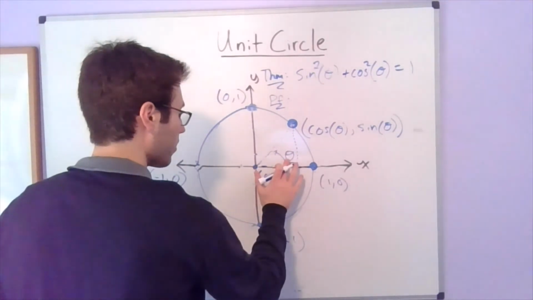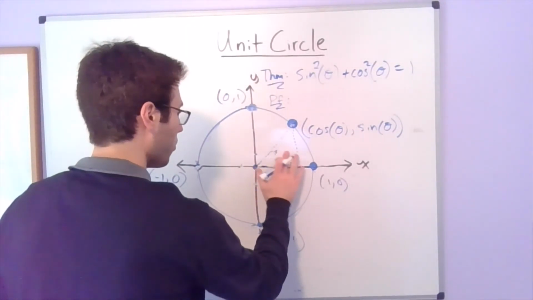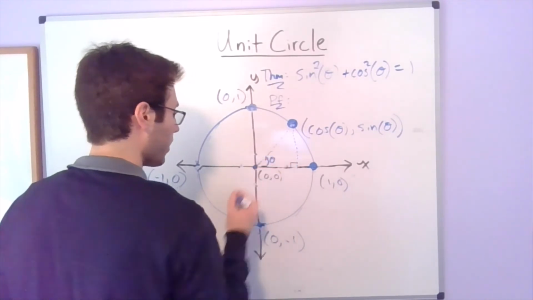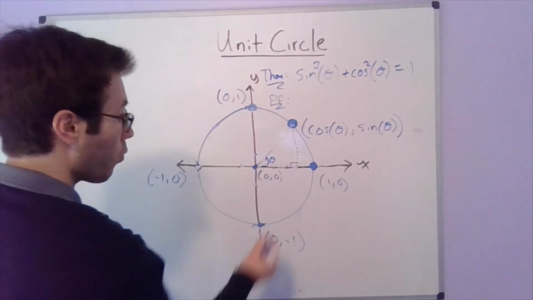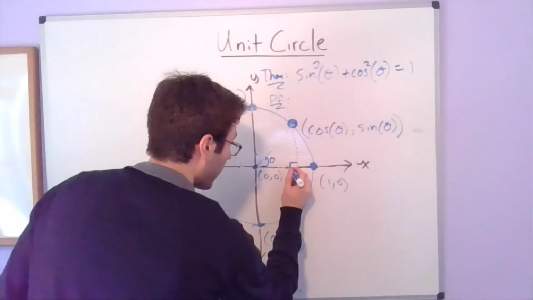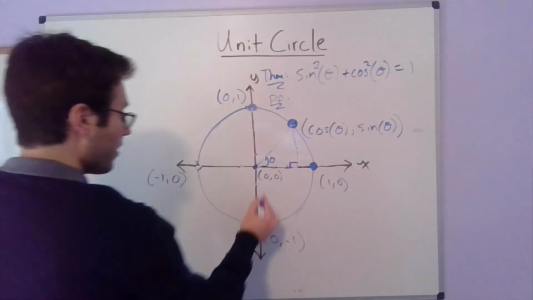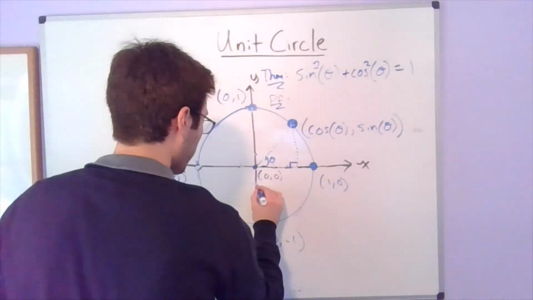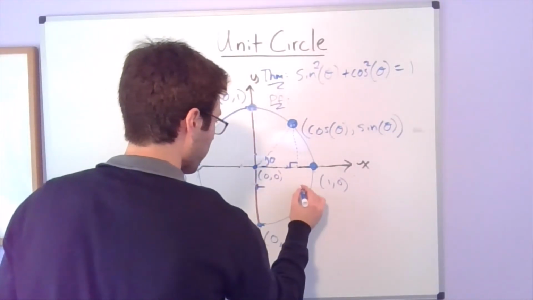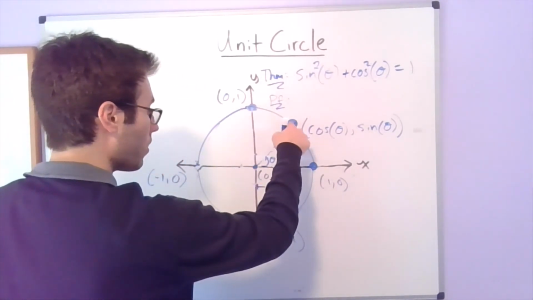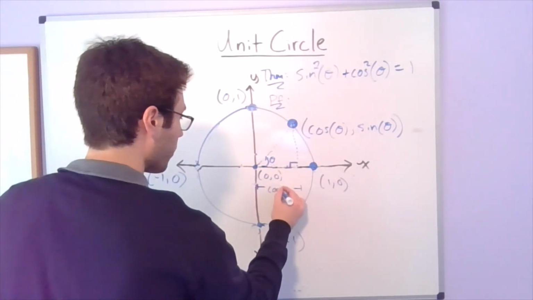All right, I'm going to erase this over here and move it over a little bit. So this angle right here is theta. We define this angle to be 90, and we can construct the line down here. This length from here to here would be cosine of theta.